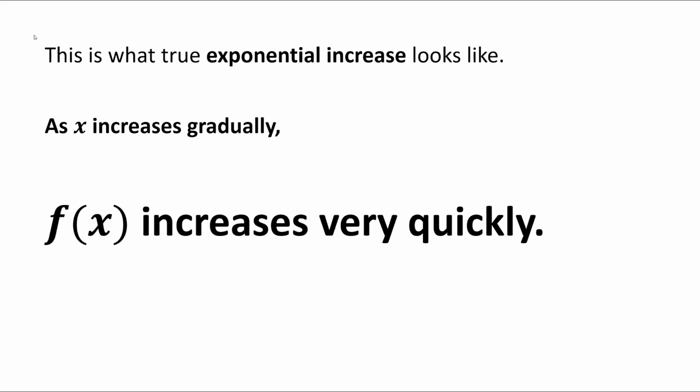So as you go along on your x-axis, minding your own business, you're not going very fast, boom, the function shoots up to infinity. This is what an exponential function is. So when people talk about it grew exponentially, usually they don't really know what they're talking about, but this is what it originally meant. This is what exponential increase looks like.